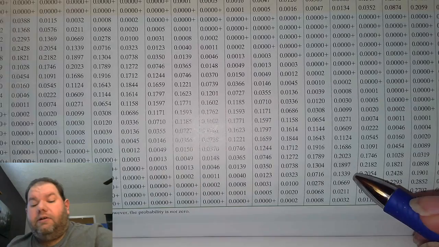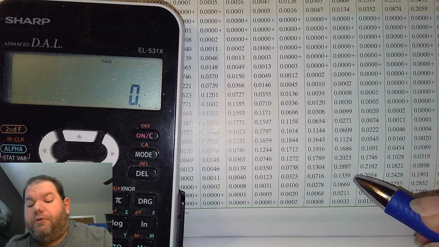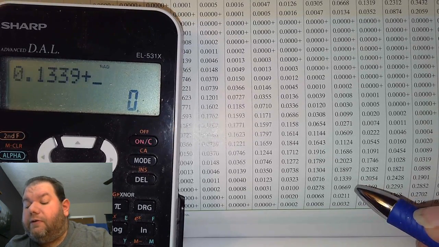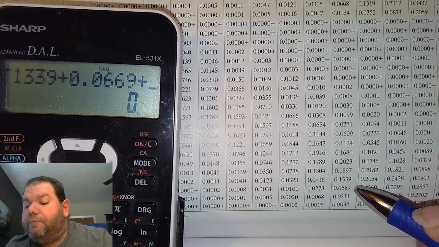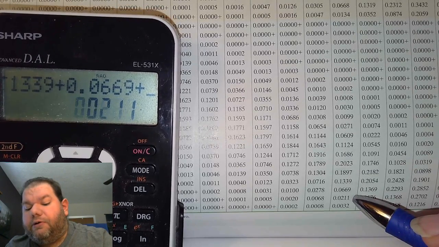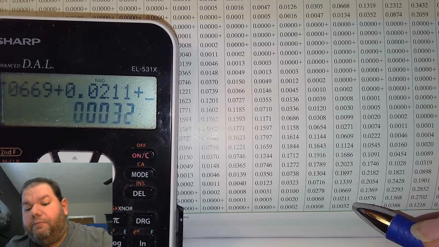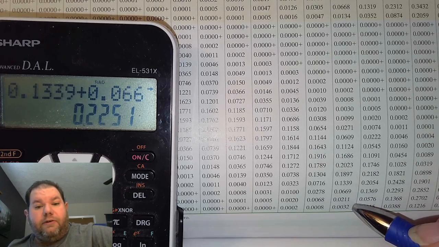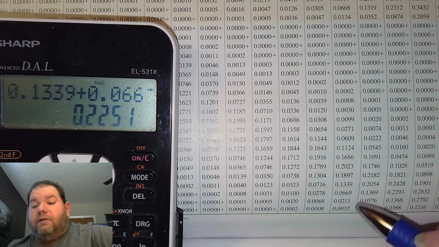So we would add 0.1339 plus 0.0669 plus 0.0211 plus 0.0032. And it comes out to be about 0.225 like we saw. They'll round to it at least. So that's giving us the same number just from the table instead.